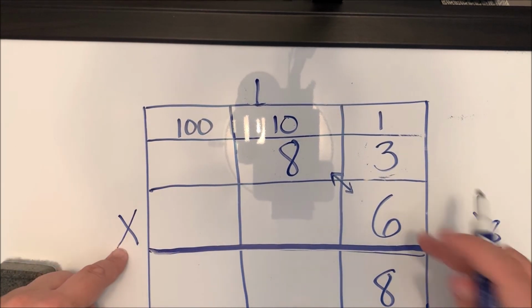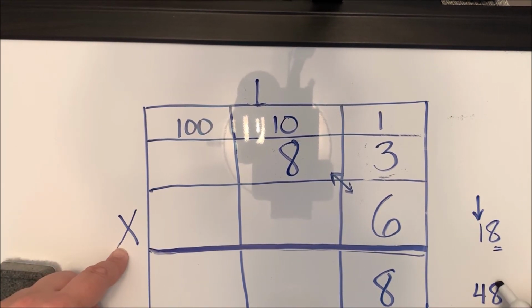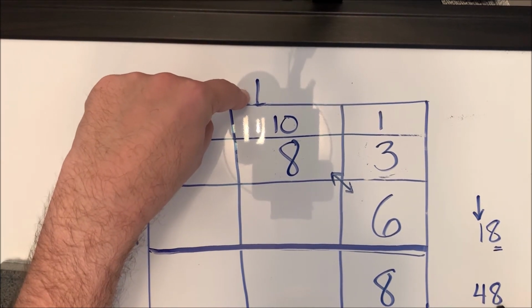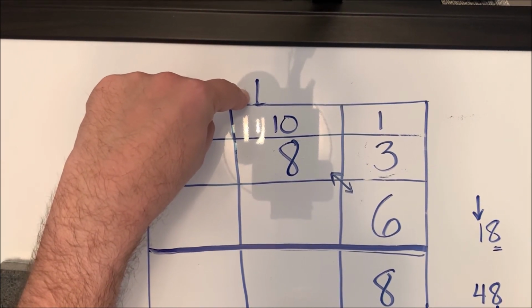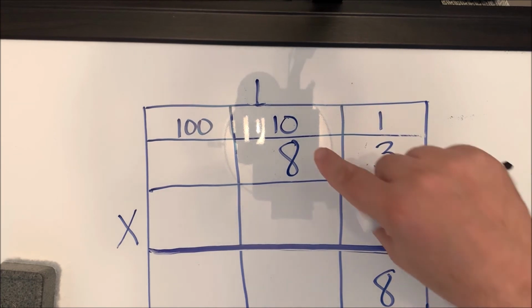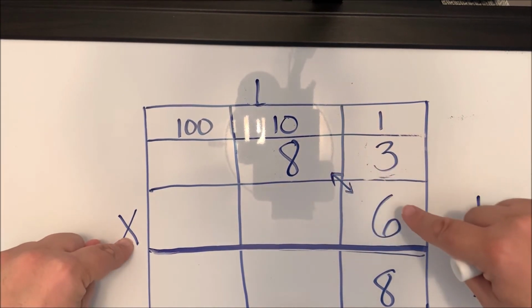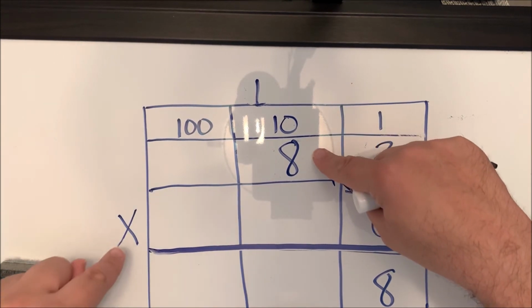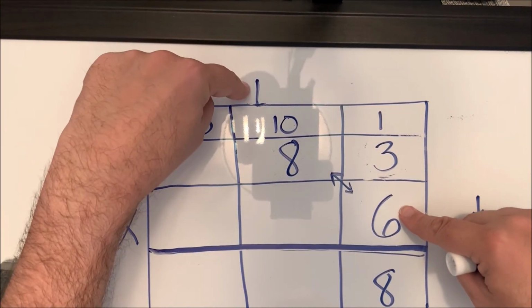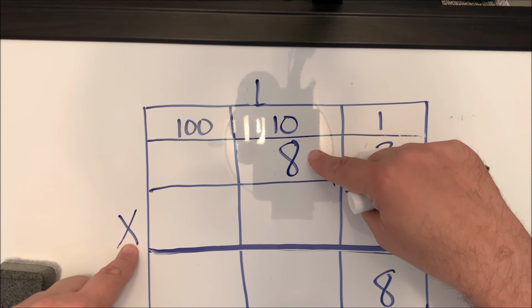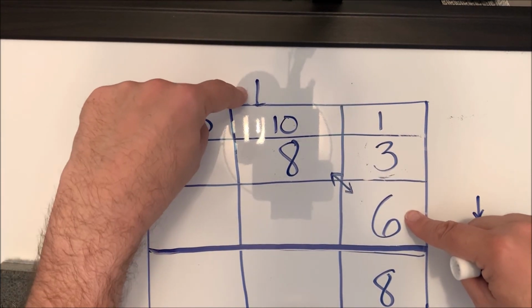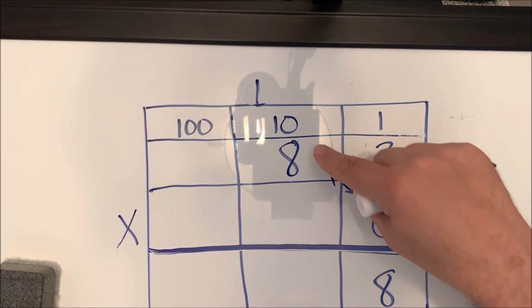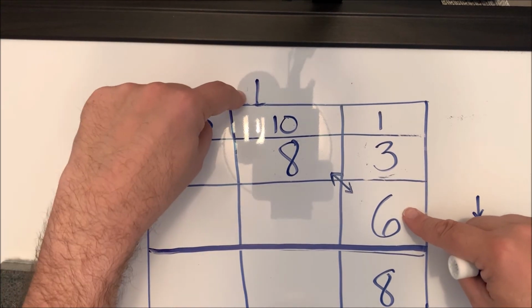8 groups of 6 is 48, plus 1, which is 49. So 8 groups of 6, 48 plus 1. So remember, 8 multiplied by 6 plus 1. Get into that habit of doing that. 8 groups of 6 plus 1, right?